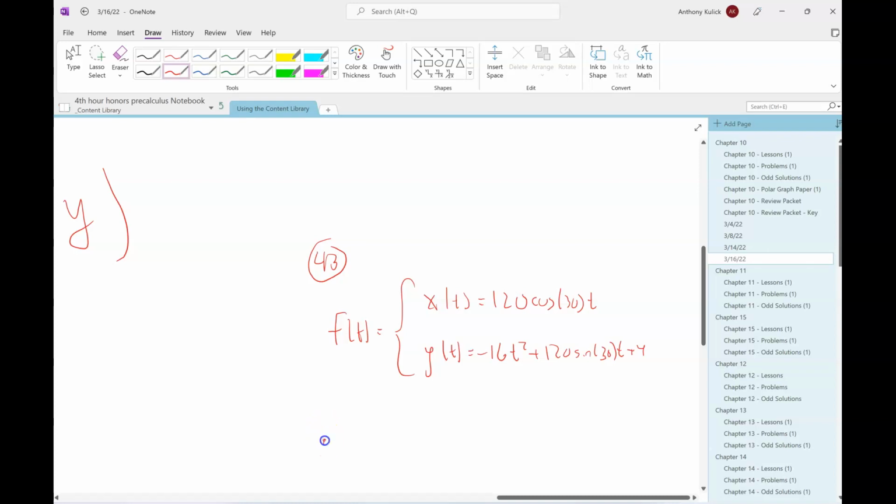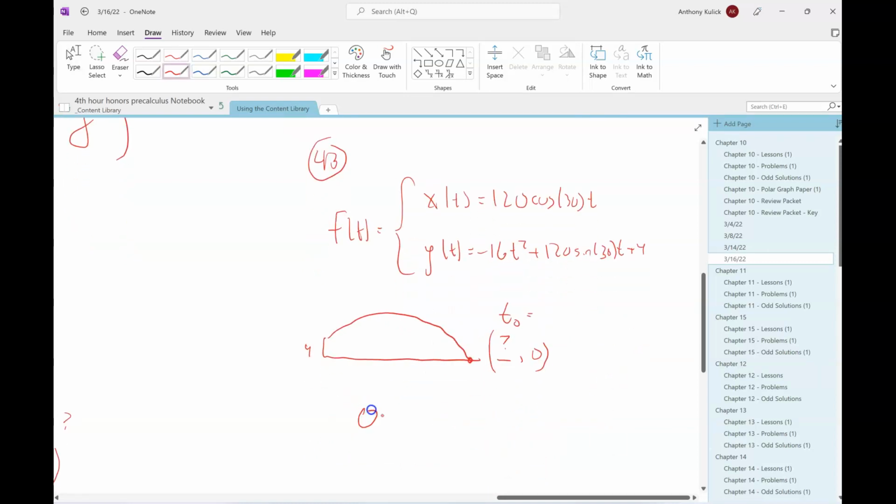So again, we have some 4 feet here. We hit the ball, it goes over here. We don't know what the x is. We know the y is 0, so we want to find the time when y is 0.